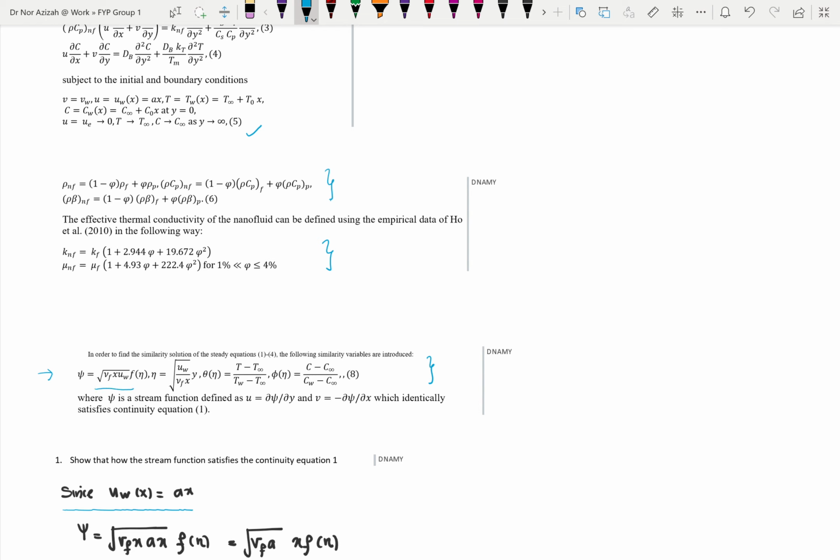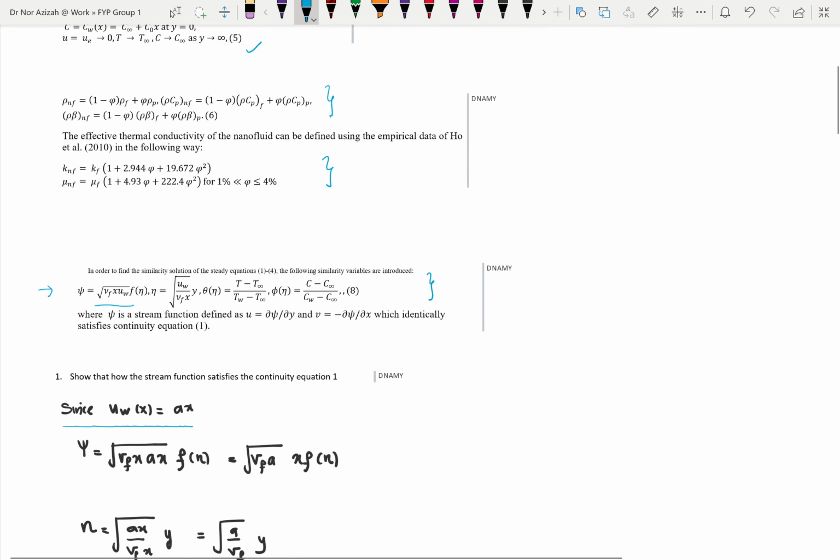So I delete u and v here. The definition for psi is the stream function defined as u equals del psi del y, v equals negative del psi del x, which identically satisfies continuity equation 1.